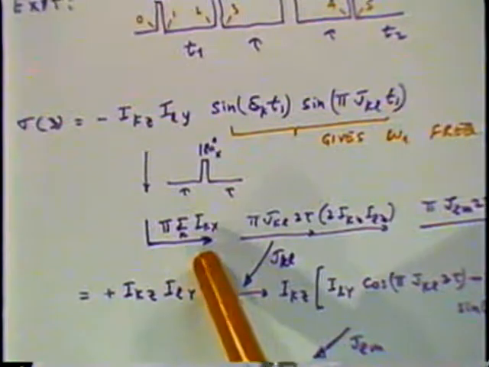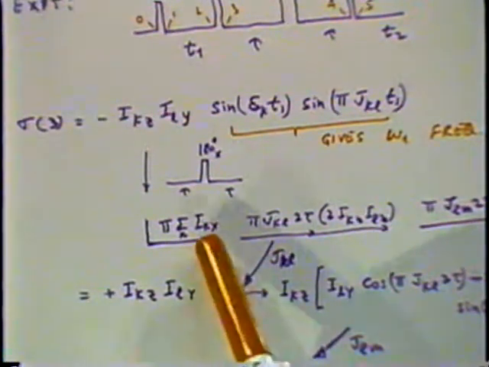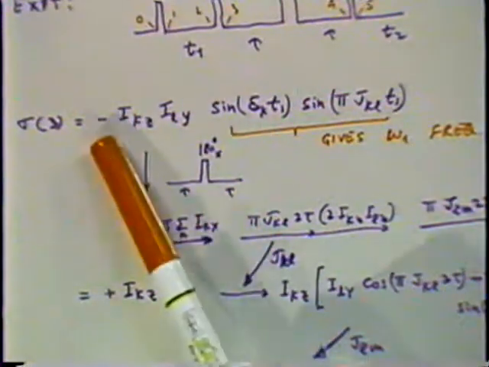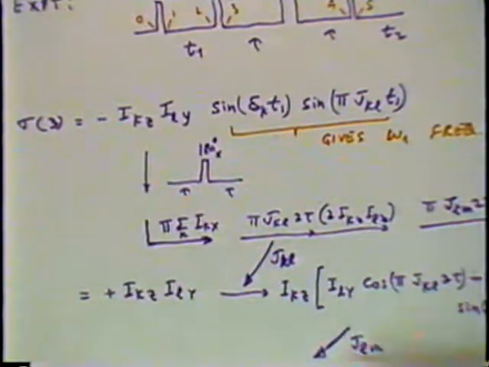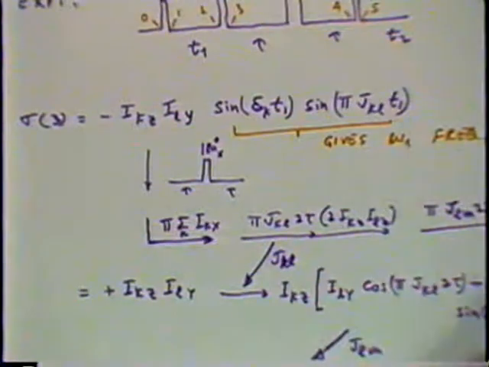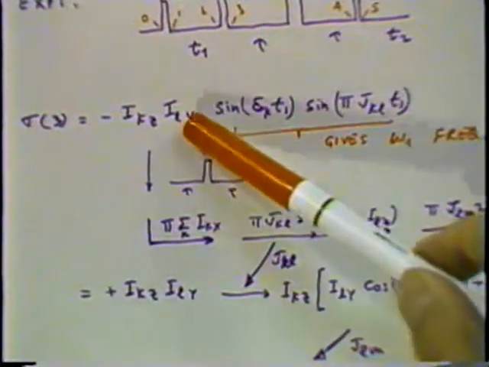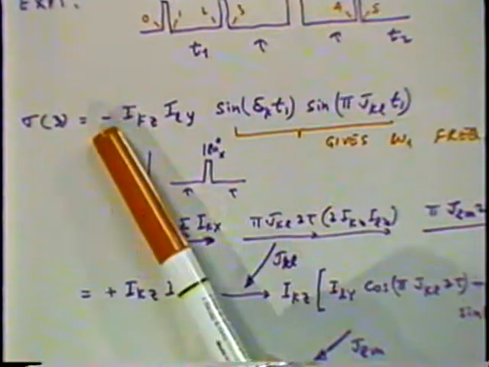The operation of the pi pulse about x-axis on K spin just changes the sign and nothing else. Kz by a pi rotation about x-axis goes to minus Kz and does nothing to the Ly operator. So this operation is taken care of by the sign change.